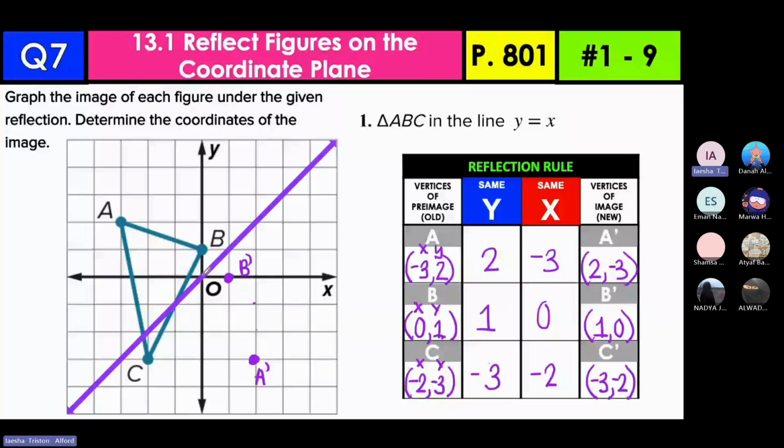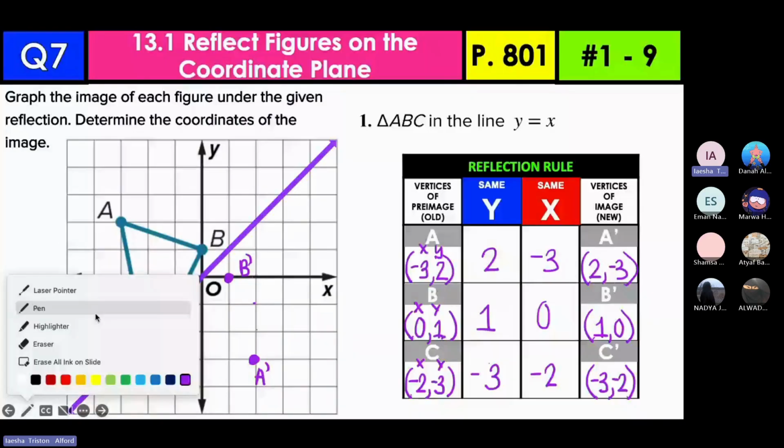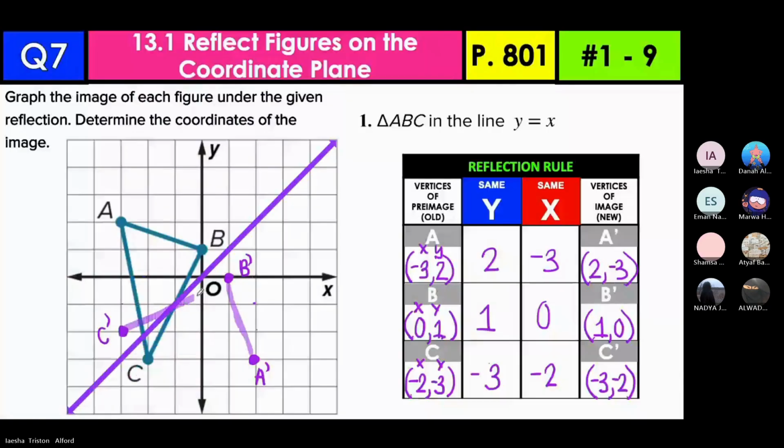You're going to go 3 left and down 2. So this is C prime. If I draw it in, you see everything went to the opposite side. So everything has to move to the other side of the line. So that is reflection across y equals x.